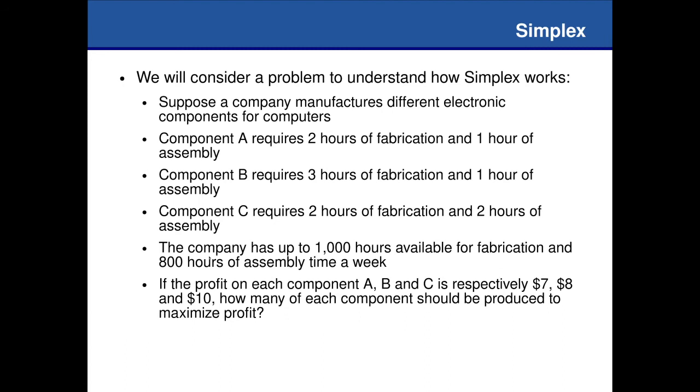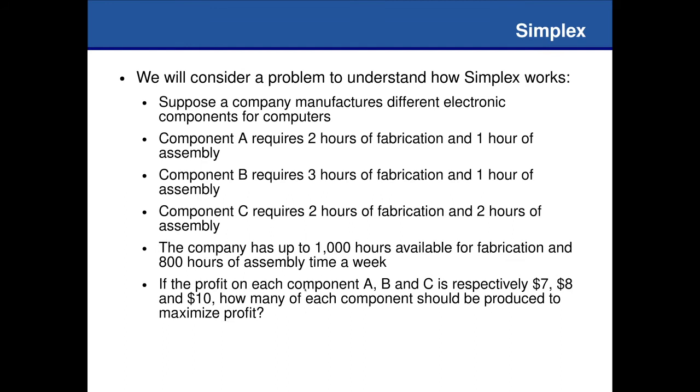Of course, considering any kind of optimization problem, we typically have constraints. This company has up to 1,000 hours available for fabrication and 800 hours for assembling. So of course, you see this is related to constraints.